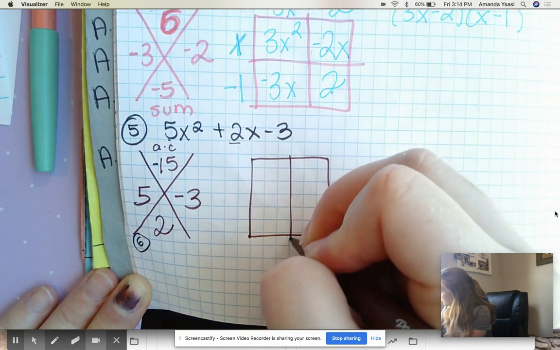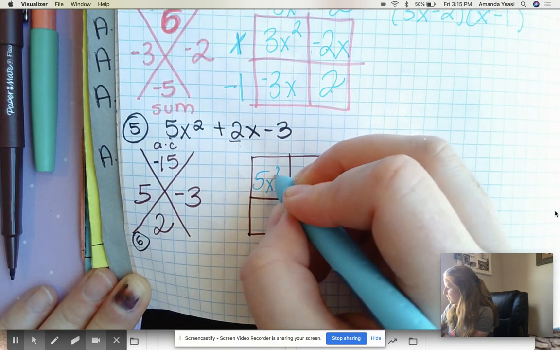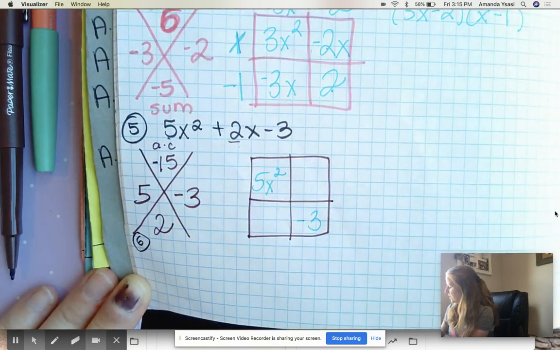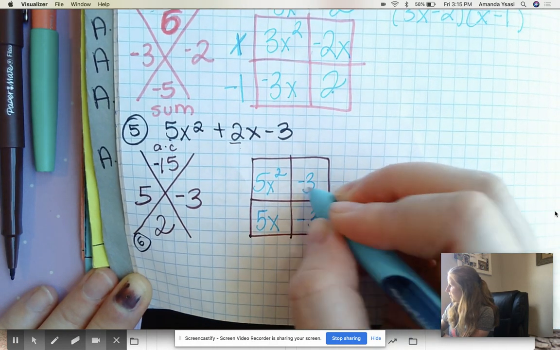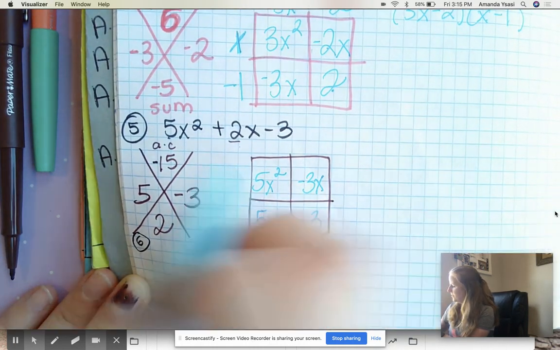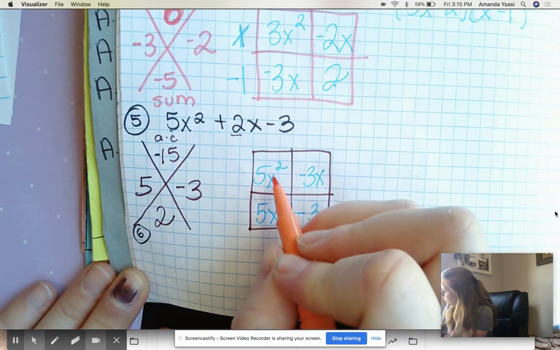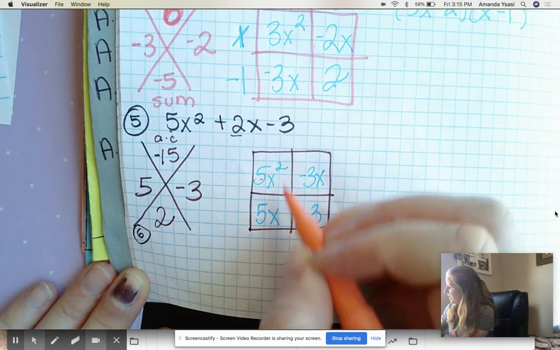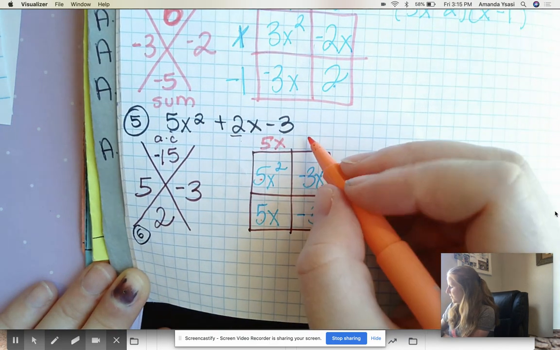Okay. Box. So we have 5x squared and the minus 3. We have a 5x and we have a -3x. Okay, and then factor out. So if I factor the column, 5x squared and 5 would be 5x. -3x and -3.